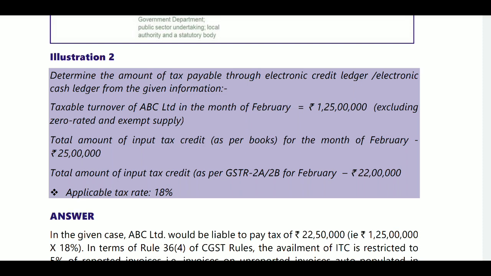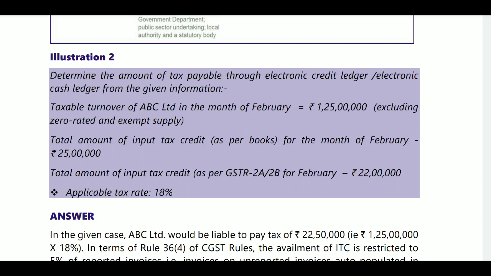For the matching amount of 22 lakhs, 22 lakhs into 5%, the provisional amount of 5% will be calculated. That amount only will be available for claiming the ITC, and in excess of 5%, meaning 105%, you cannot claim the ITC. And if any amount is payable, whatever amount is liable at the rate of 18%, you will get the tax amount.